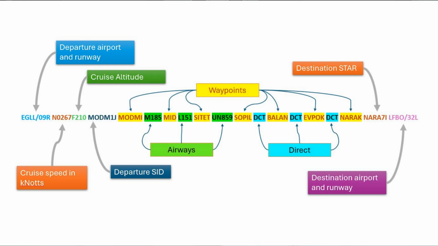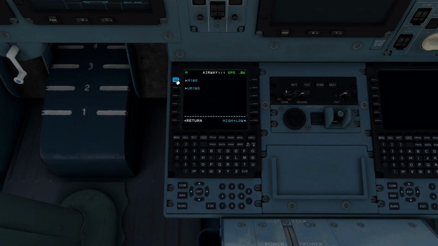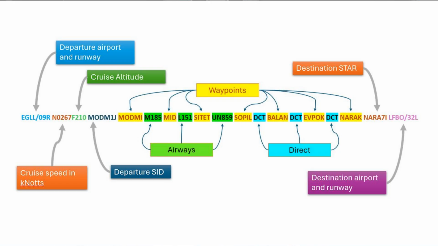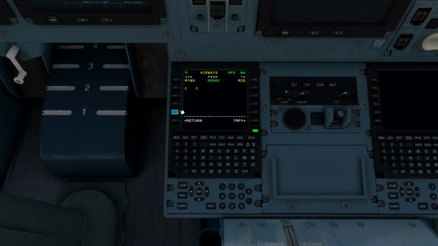There are only two options here because only two airways intersect with the MODMI waypoint. And of course it is M185 or Mike 185. And we then press the button to say where we need to take that airway to. And we're taking it as far as MID. So we're going from MODMI to MID on Mike 185, and then we exec.